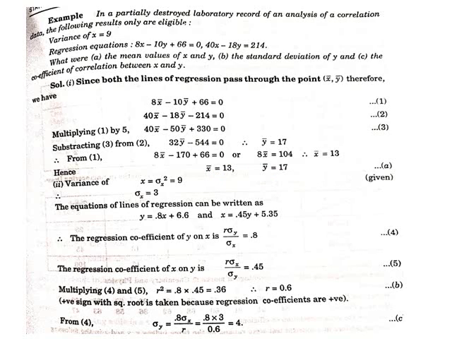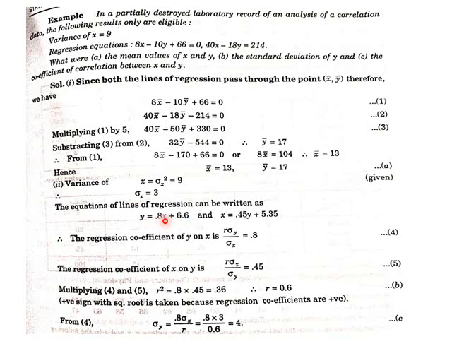Now here it is not given which line has y dependent and which has x dependent. So we first assume the first line as y dependent. The first line can be written as y equals 0.8 x plus 6.6. The second line can be written as x equals 0.45 y plus 5.35. Also it is given that variance of x equals 9, so sigma x equals 3.